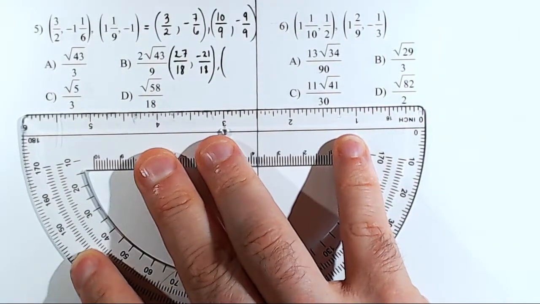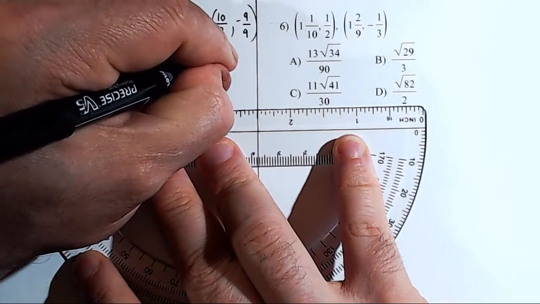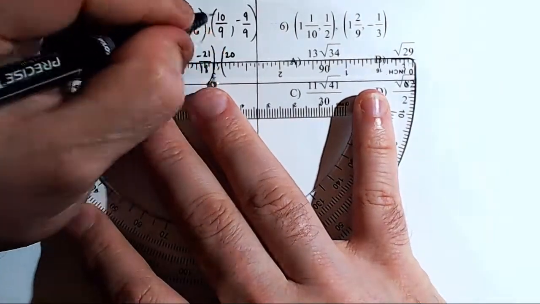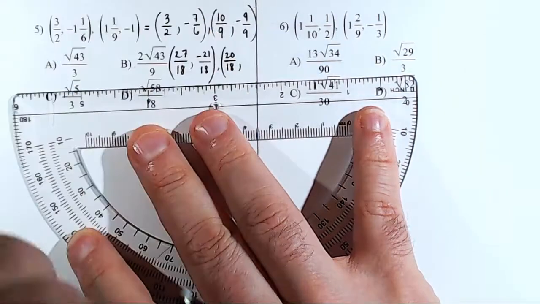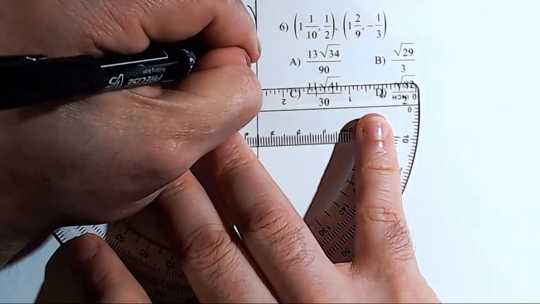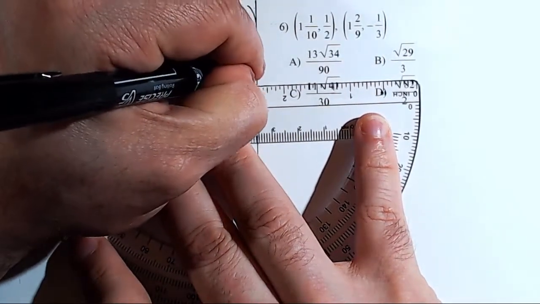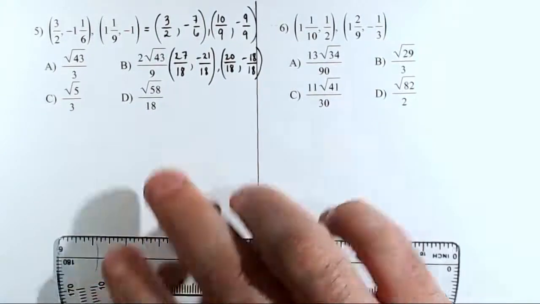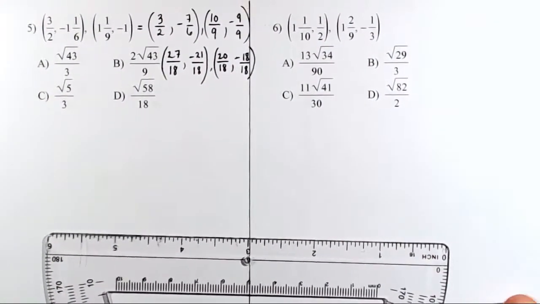And then 10/9 times 2/2 is 20/18. And -9/9 times 2/2 is -18/18. So now we got our fractions all set up. We can go into the distance formula now.